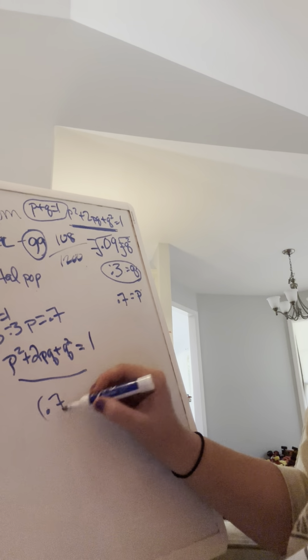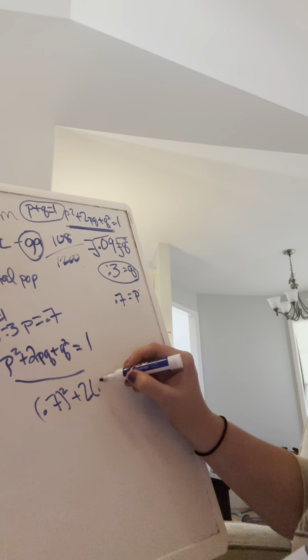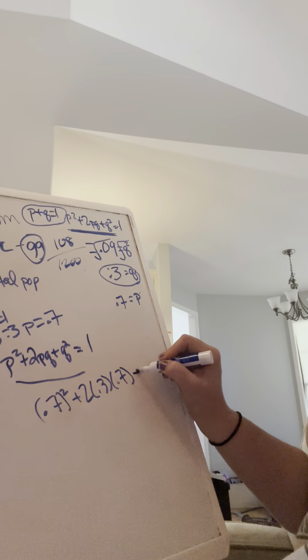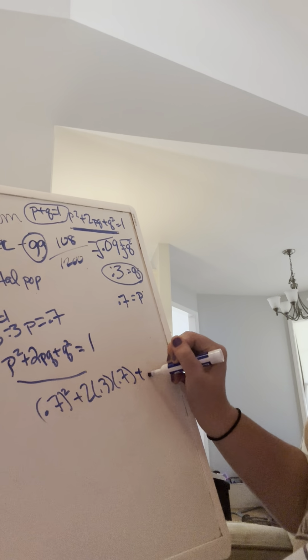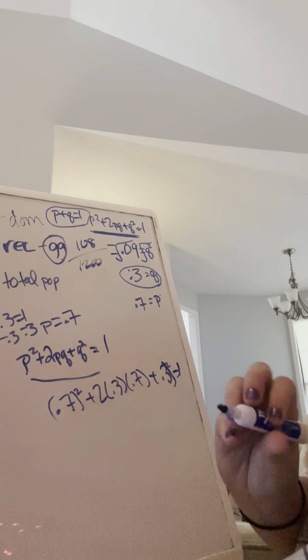0.7 squared plus 2 times 0.3 times 0.7 plus 0.3 squared equals 1. All right?